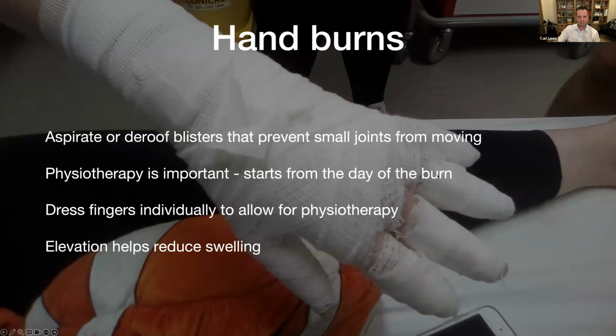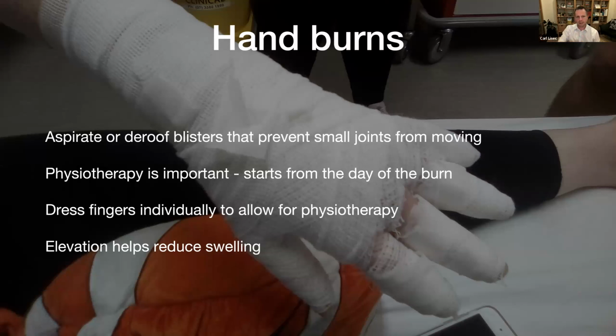But if there's any blisters on the back of the hands, particularly over the small joints in the hand, we would always recommend aspirating them or de-roofing them if you can, just for the purpose of being able to move more freely, because some of these blisters are quite tense and do restrict movement.